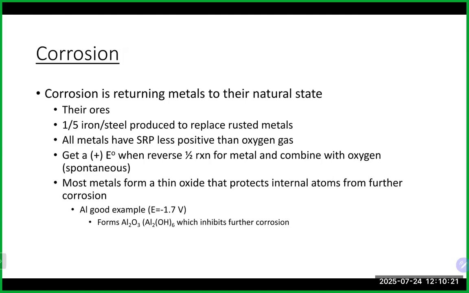Now, when we have metals in contact with oxygen that have an SRP value, our standard reduction potential value, less positive than oxygen, what we know is the more positive SRP value will be your cathode.